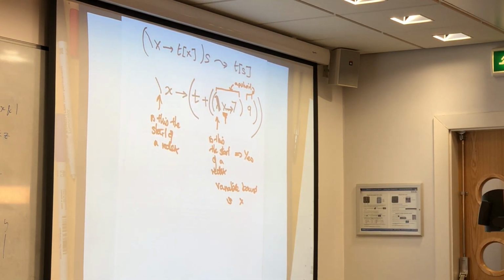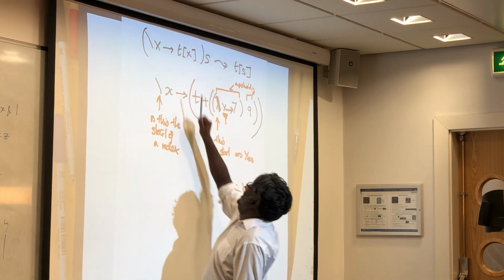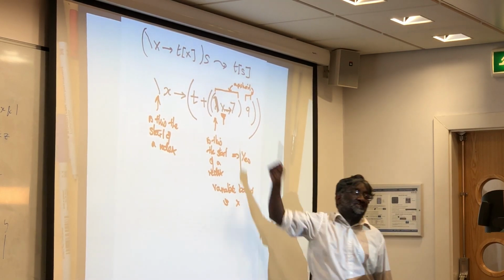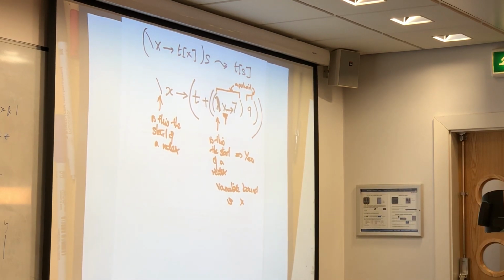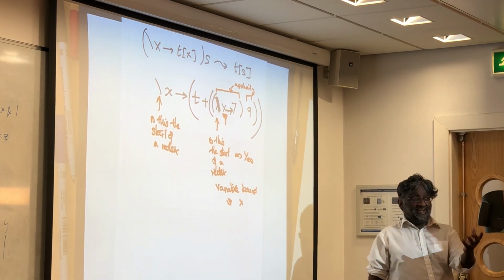Your turn, right to the back. What's the t in this redex? No, the 9 is what it's applied to. So it's lambda x arrow t. Lambda x arrow what? You have a go. Okay, well it's utterly trivial.